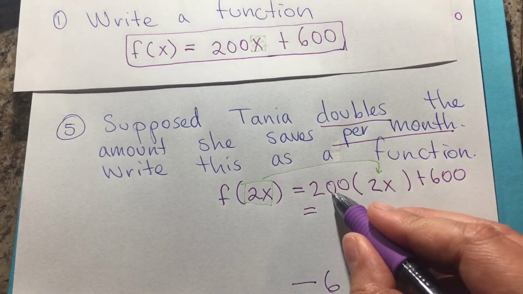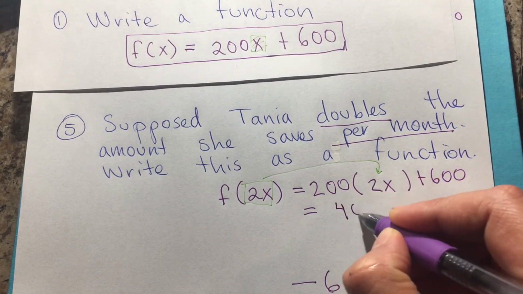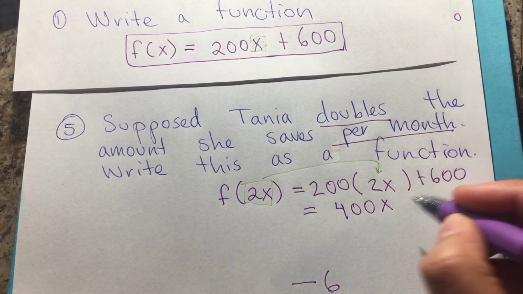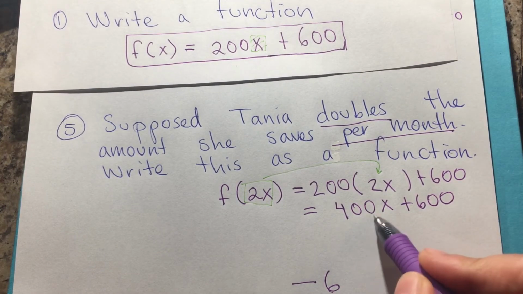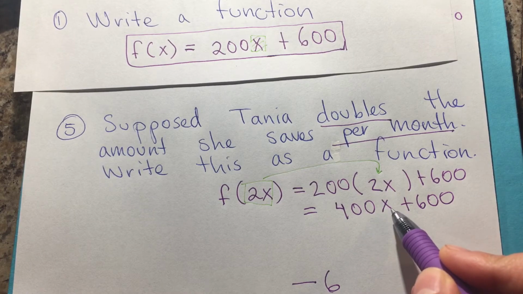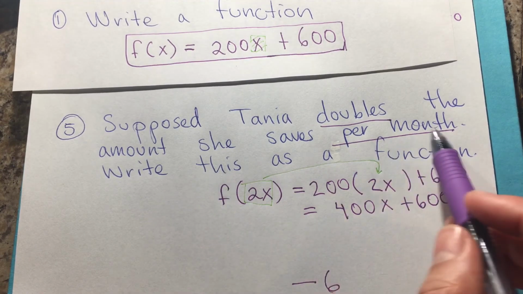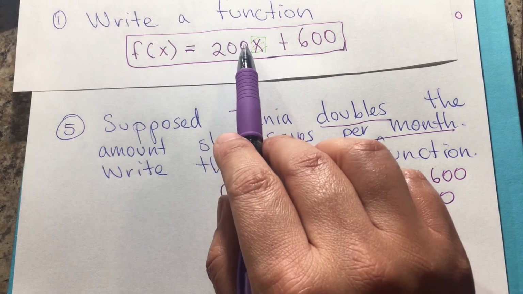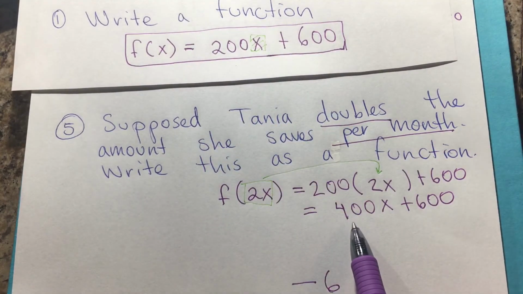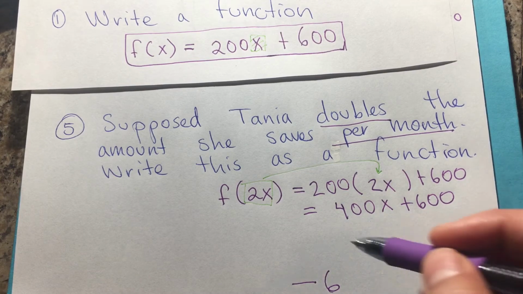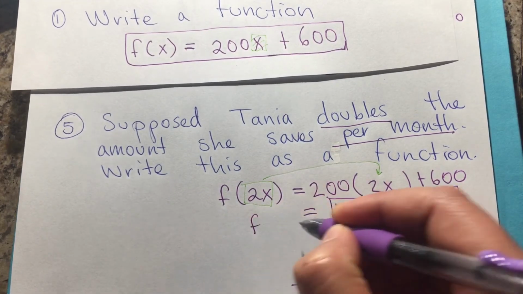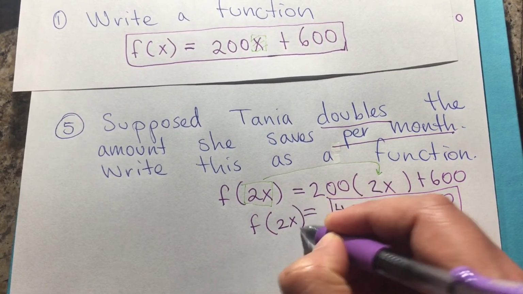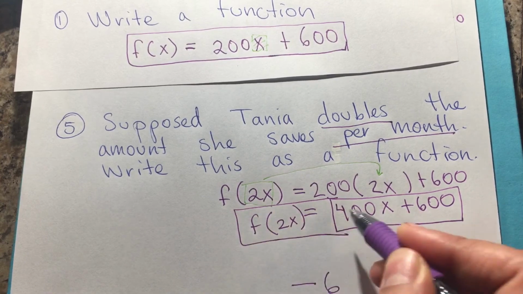We multiply. 200 times 2x is 400x plus 600. So this is the money that she has. This is how much she will be saving each month. Okay? You can see that it makes sense. She was going to save 200 per month. If she decides to do twice as much, or double that, it's 400 per month instead. Again, if they ask you to bring down the notation, you can do so.